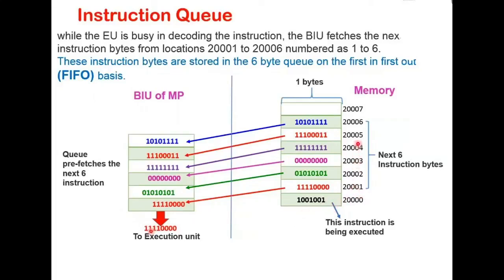So this 6 bytes of information are waiting in this queue, whereas this is being executed, which means in the execution unit this particular data is being executed, and the next 6 bytes of information are waiting in this instruction queue, right?